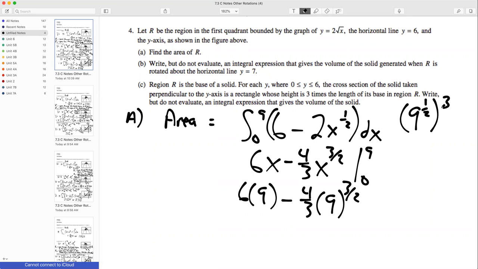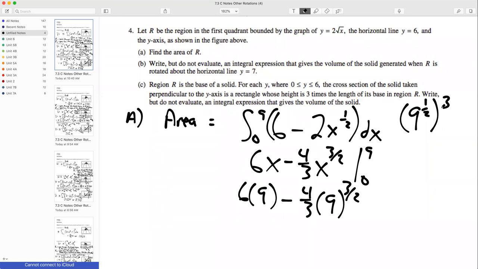All right, so look. I raise a power to a power. So 9 raised to the 1/2 raised to the 3rd is the same thing as 9 raised to the 3/2. 9 raised to the 1/2 is the square root of 9, which is 3. 3 cubed, 27. 27 times 4/3, 3 goes into 27 9 times. 9 times 4, 36.